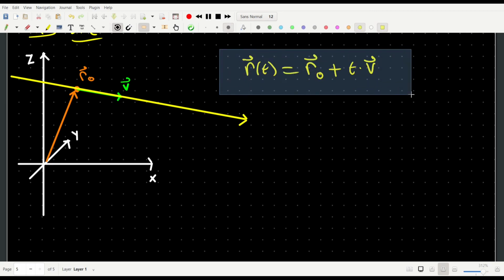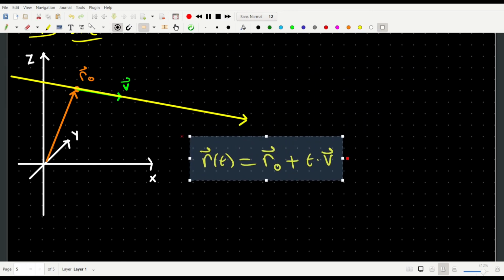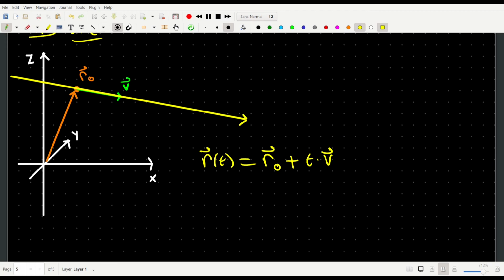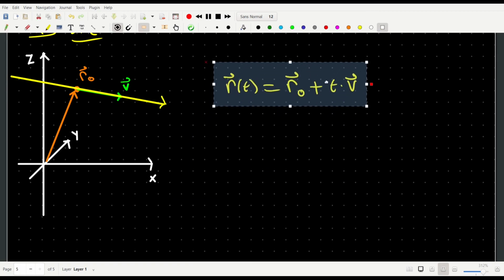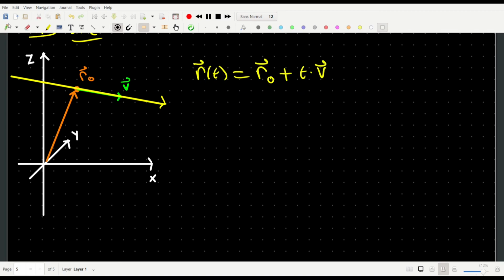And this is for t in some interval. Really, the entire line is t in the infinite interval from negative infinity to positive infinity.